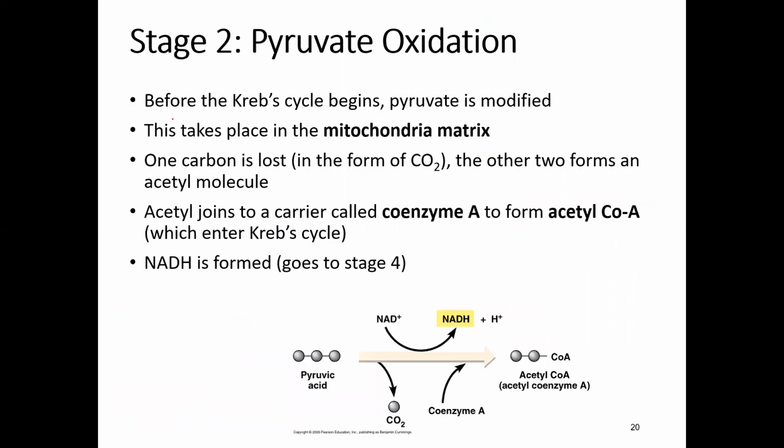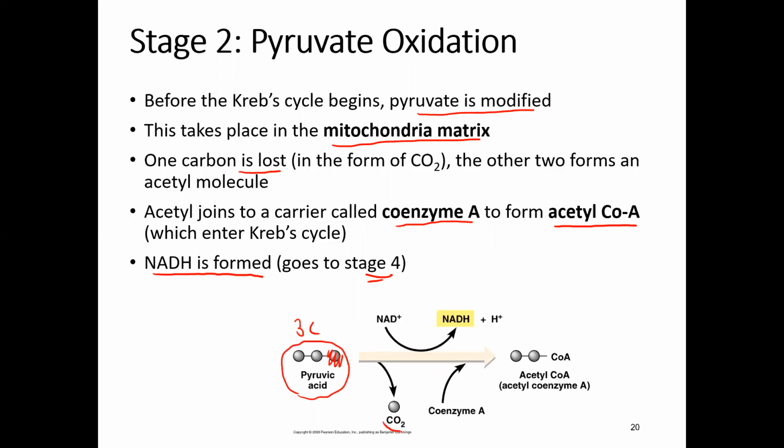Pyruvate oxidation: before the Krebs cycle begins, pyruvate is changed, and this occurs in the matrix. A carbon dioxide is lost, and coenzyme A combines with the 2-carbon acetate molecule to form acetyl-CoA. A little bit of NADH is formed that will go to the electron transport chain. Here's my pyruvate, a 3-carbon compound.